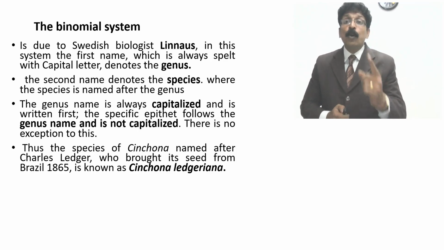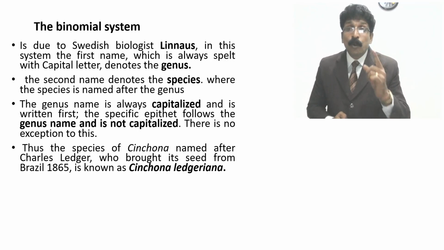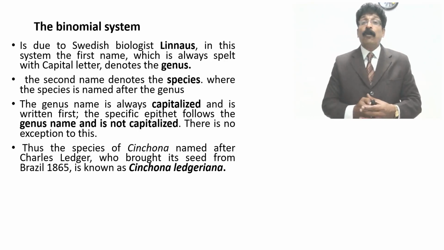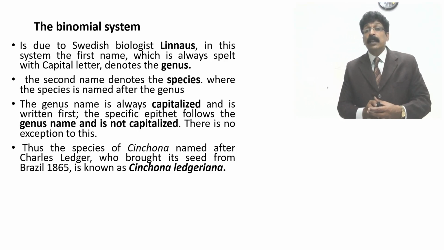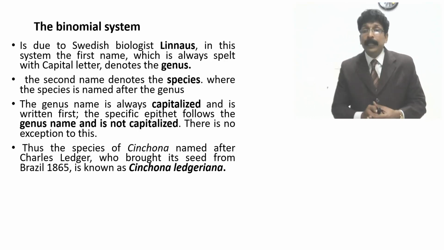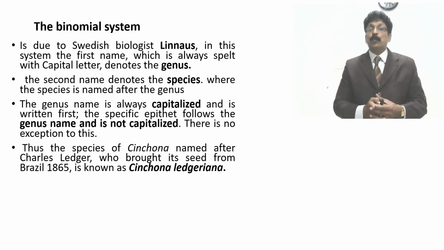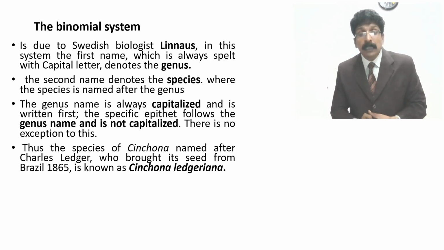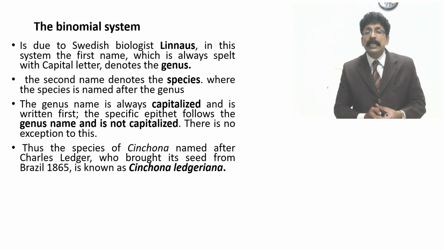who identified this Cinchona bark or Cinchona plant, which was very useful in the 18th century itself, used for malaria, as an anti-malarial drug, due to the presence of quinine as a constituent in the bark of the Cinchona ledgeriana plant.